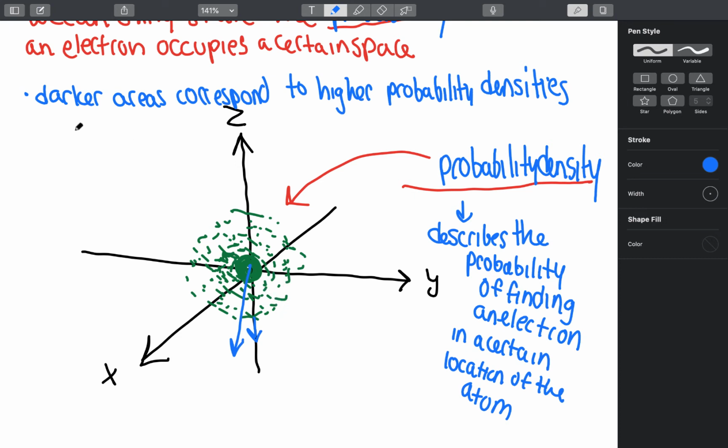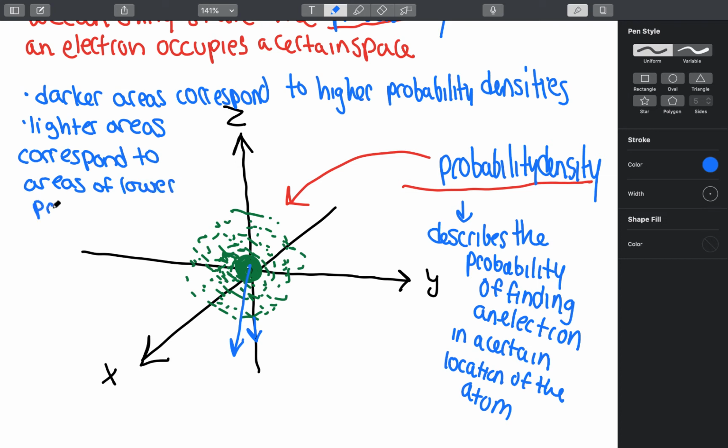And lighter areas correspond to areas of lower probability density. As we move from the inside of the atom to the outside, we see that the probability density of this particular species decreases.